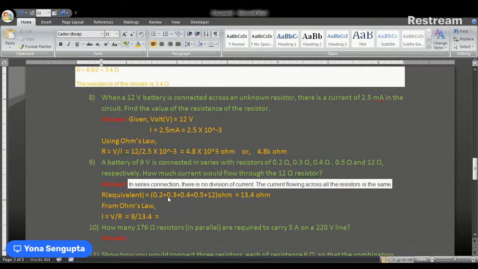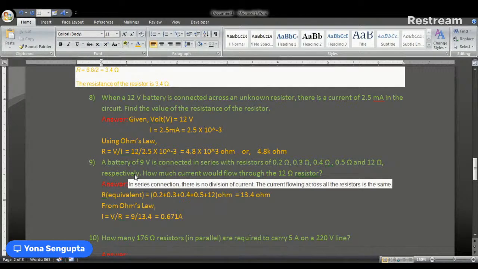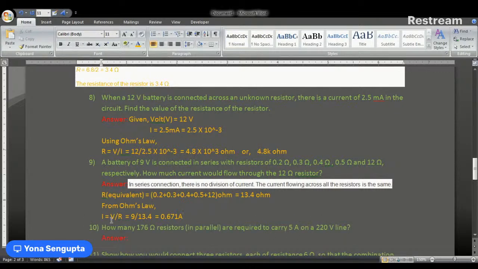The answer after calculating it would be 0.671 A. So this is the answer. How much current would flow? I symbolizes here the current flow.